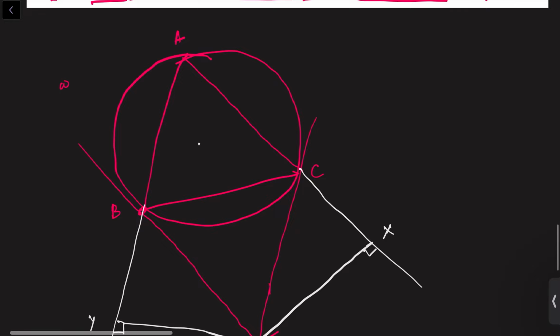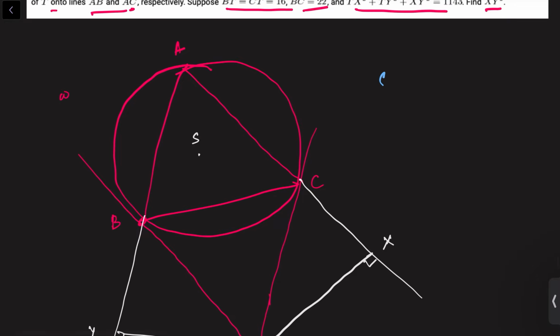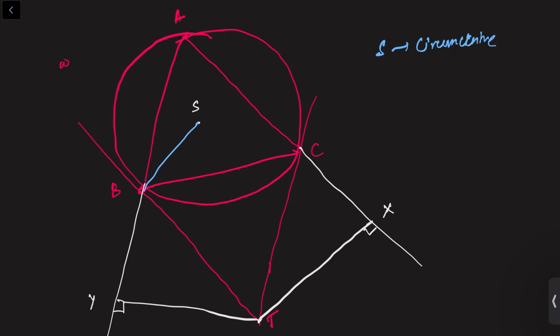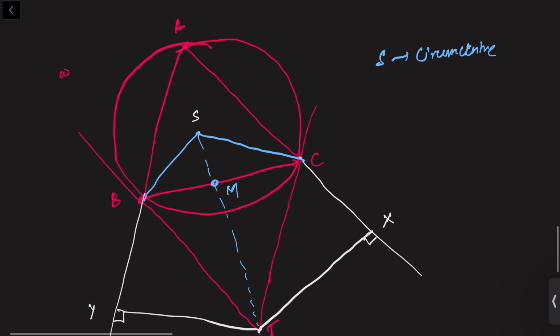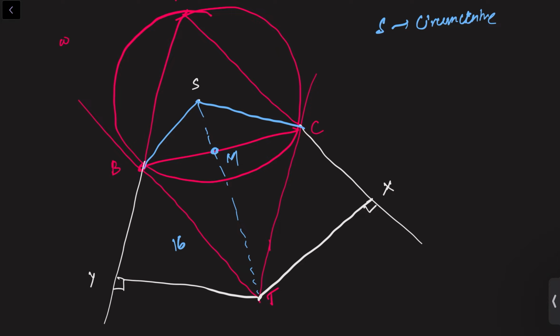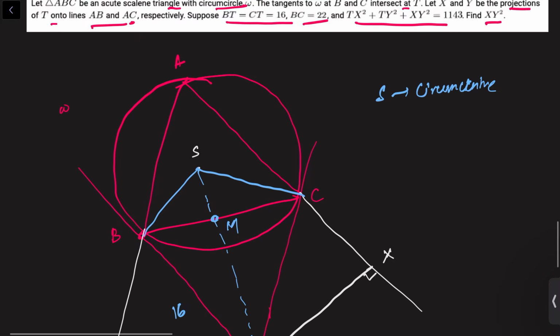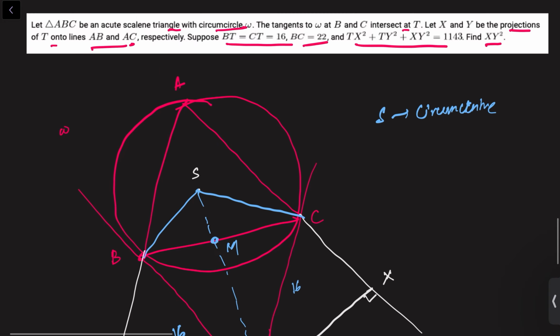Now let's say S is the circumcenter of this circle omega. That means we can notice that the triangles SCT and SBT are congruent triangles. And suppose I consider this midpoint as M. We were given that BT is 16, and CT is also 16, and BC is 22.